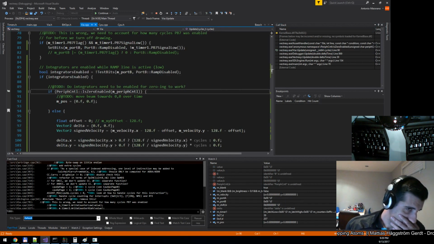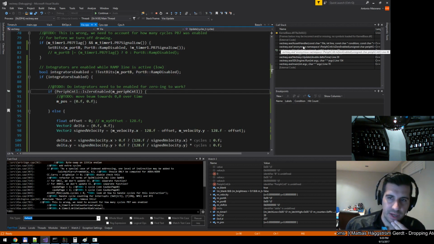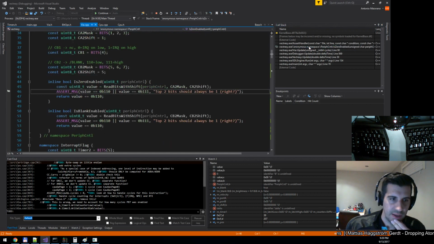Yeah, so I'm hitting this assertion because the bits in here have not been set correctly because we just initialized. So that makes sense that we're not quite in the right place.